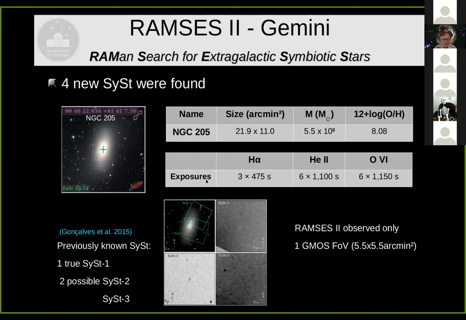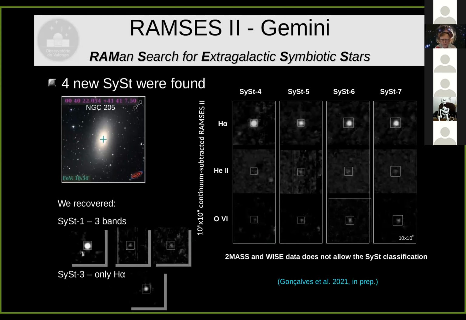So what you see here are the exposure times, just to have an idea. In 2015 we observed two fields of view, and this time we have only one, so kind of half of this structure here. The results are here: we were able to identify 4 new symbiotic systems in this galaxy.